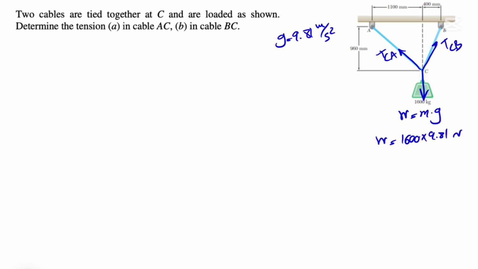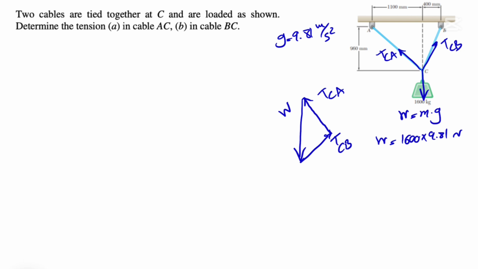If we want to use trigonometry, since we are in equilibrium, the sum of all these forces in X and Y has to be 0, or they have to cancel each other out. So if we consider this our TCB and this our TCA, the weight has to be in this direction in order to cancel out the other two forces.